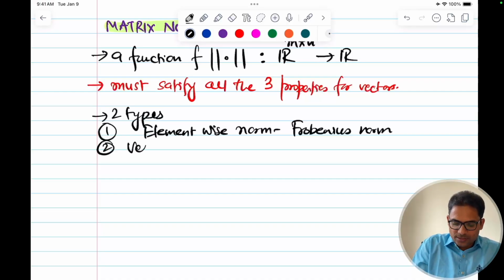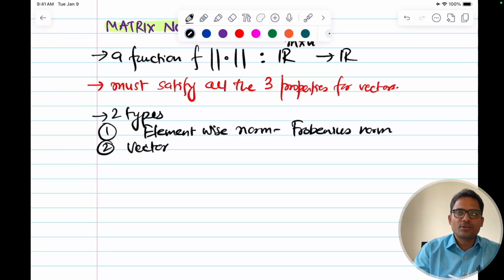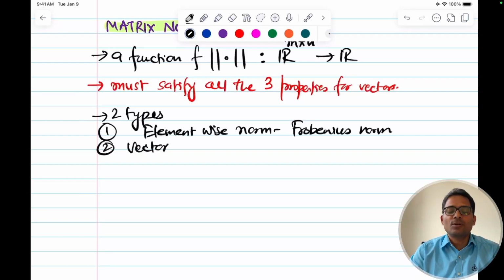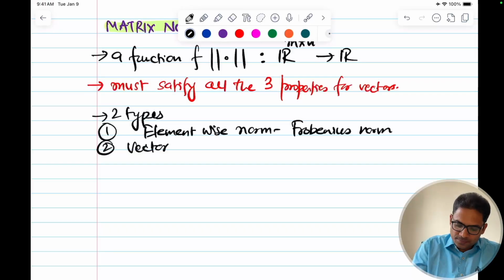Vector induced means when I multiply a matrix with a vector, it gives the linear transformation the matrix does on the vector. Depending upon that transformation, or the change in the size incurred on the vector by being multiplied by that matrix, we measure that change in size, and that's what is captured in vector induced norms. We'll go one by one.